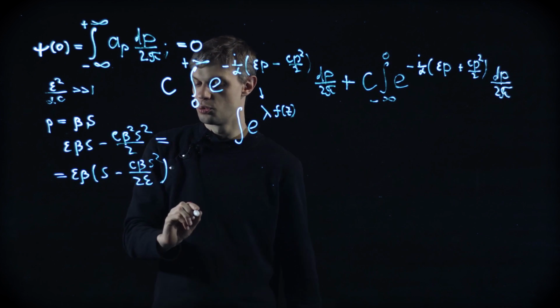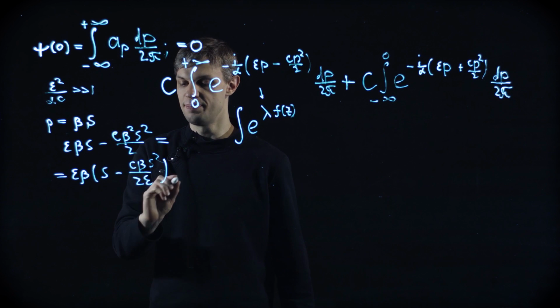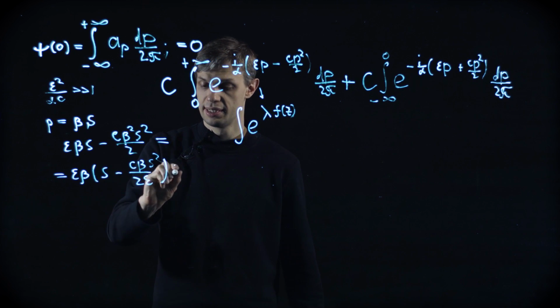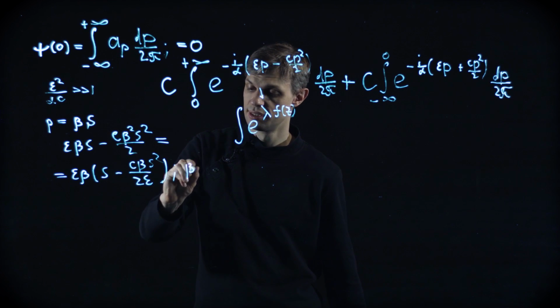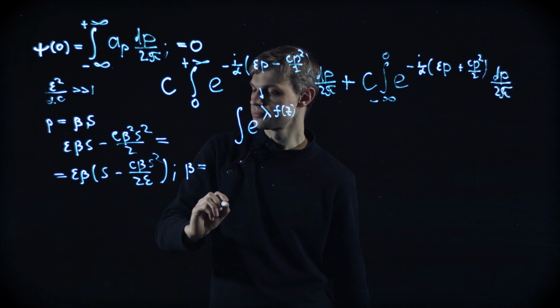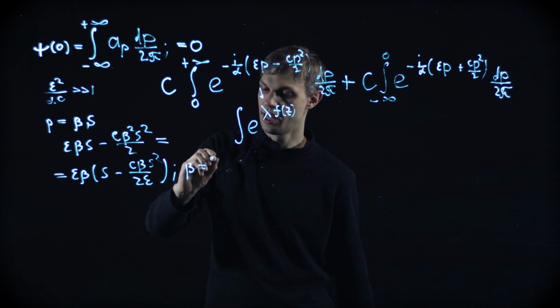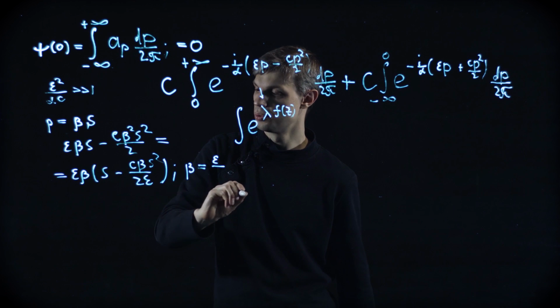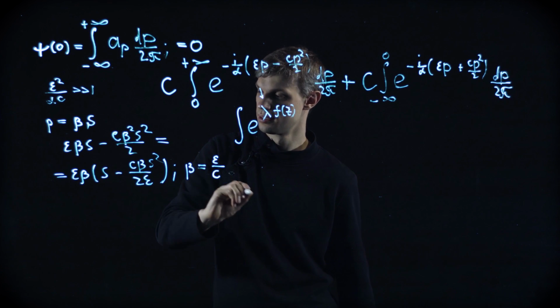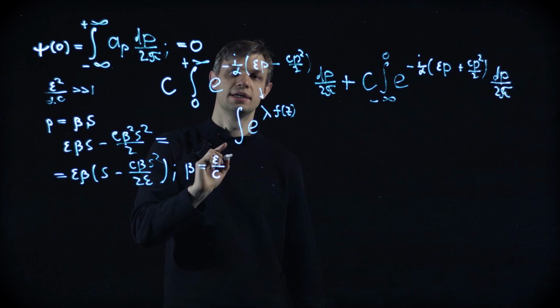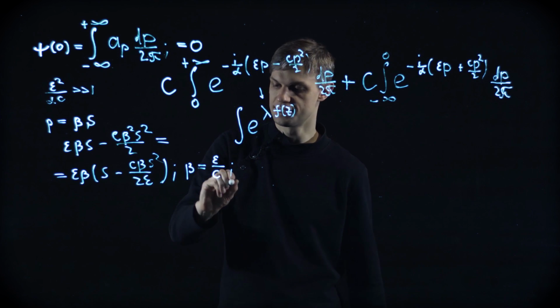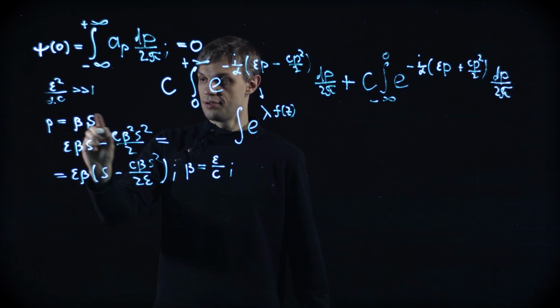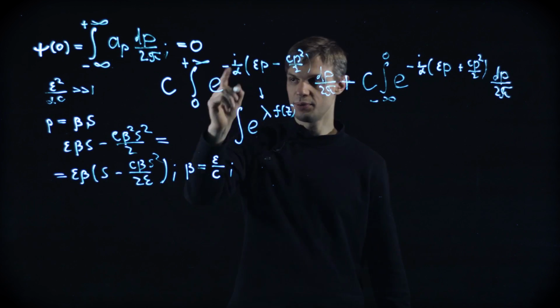And we want this epsilon to disappear completely from these brackets. And that means that beta is to be chosen as epsilon over c. So let's introduce that kind of rescaling and see what happens.